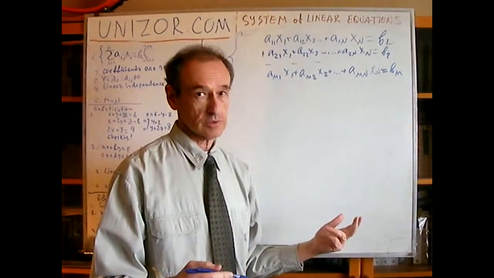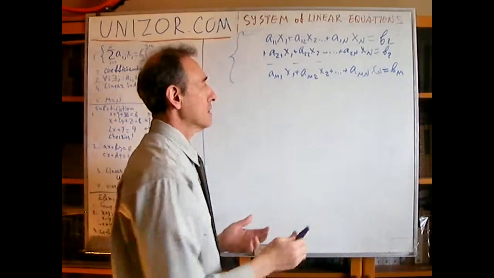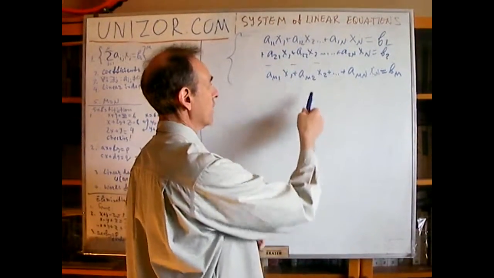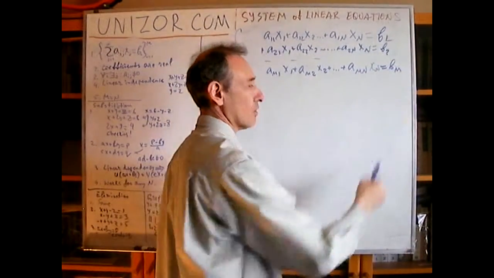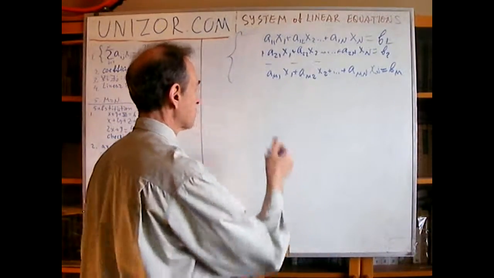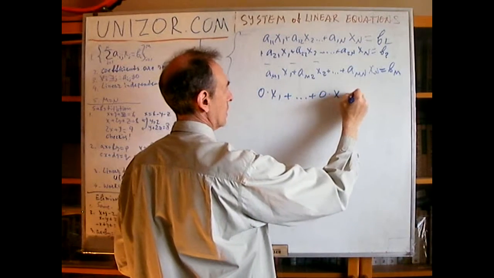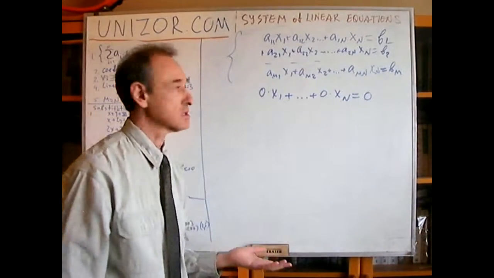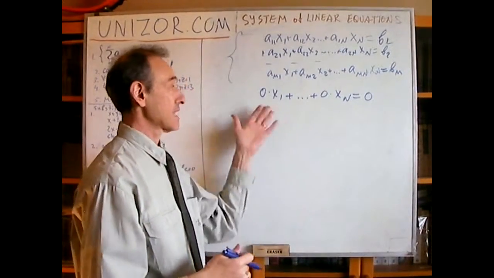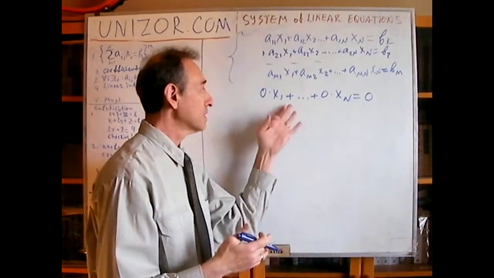Because if all coefficients in one particular equation are equal to 0, and the right part is also 0, then you have 0x1 plus 0x2, etc., plus 0xn equals 0. Now, what is this? This is basically an identity, and any combination of x1, x2, etc., xn would fit this particular equation. So there is absolutely no meaning in including this equation in the system. It doesn't add anything, it doesn't subtract anything. Whatever other equations produce would definitely fit this one.